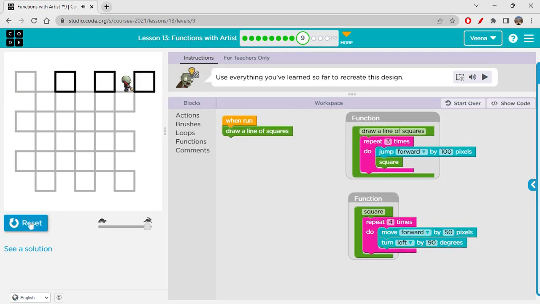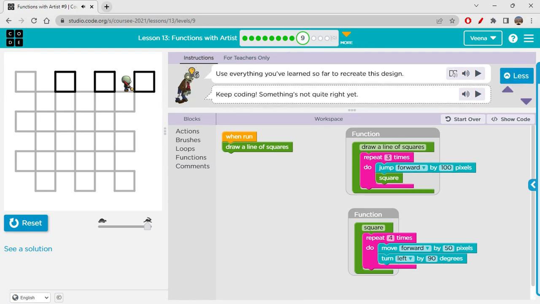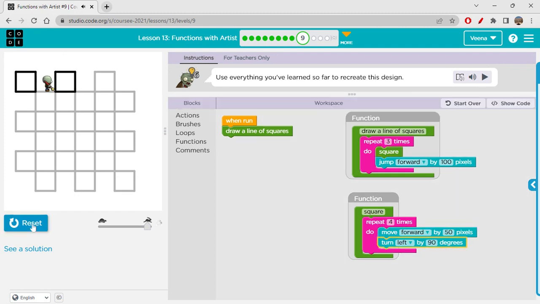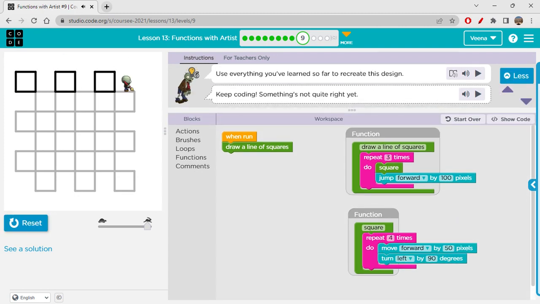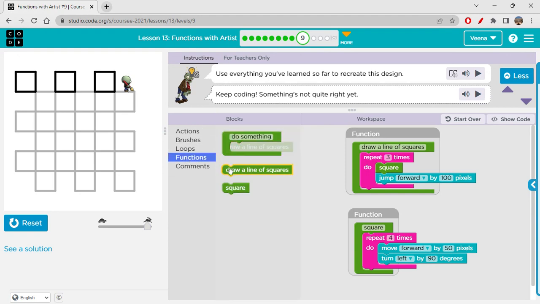First, draw one line. After drawing square, jump forward then. Okay. So with this, this is fine. To draw this pattern, we did those extra lines of code, right? I'll just put that in another function.